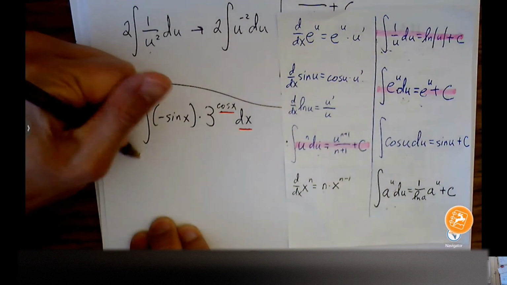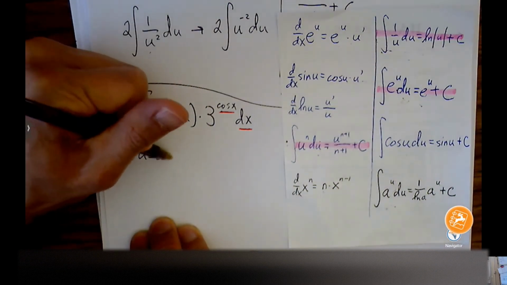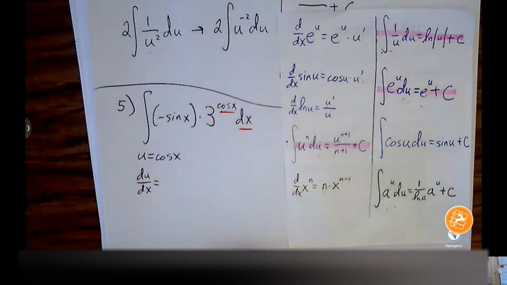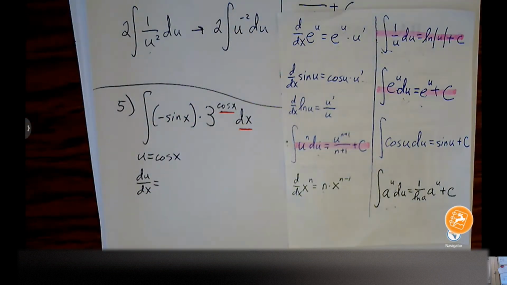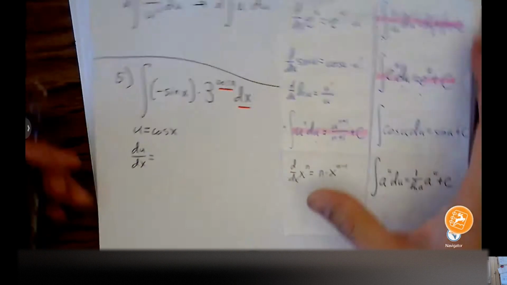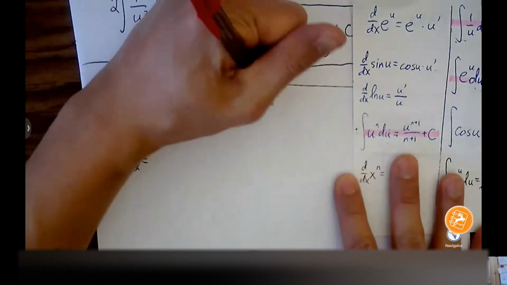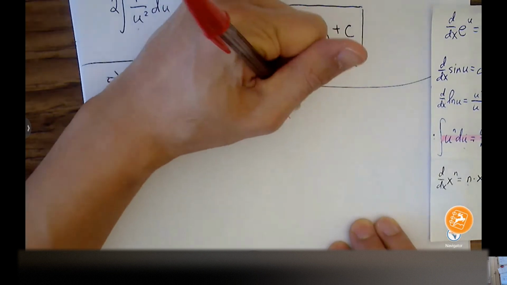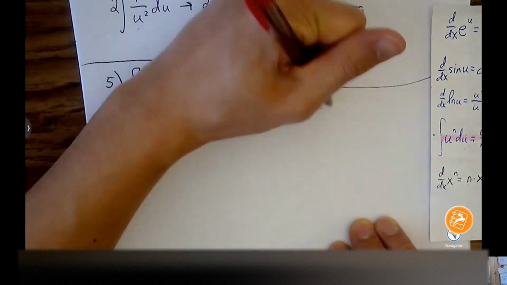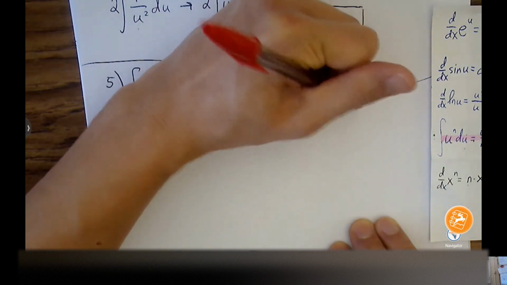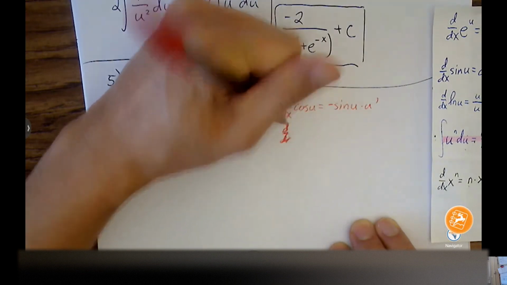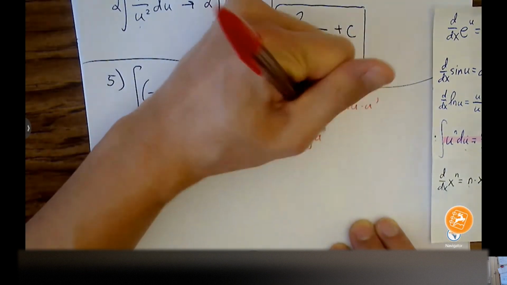Okay, so the derivative for cosine is negative sine, so it'll be on the formula sheet. I'll put that over here. Okay, and then the rule that we're working towards is this.